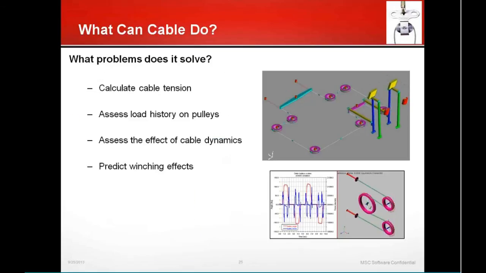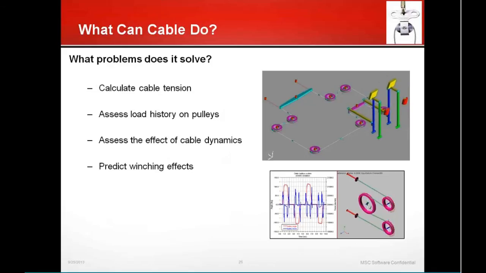Similar to what folks will be looking at in the belt module, you're trying to look at the tension within the cable at all the different spans and making sure that it's not overloaded, looking at the load histories on the pulleys themselves, assessing the effects of cable dynamics on your system. In the case of that discretized model, there are going to be undesired vibrations on that cable.